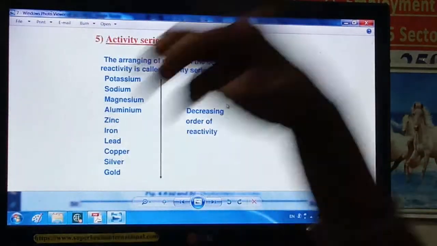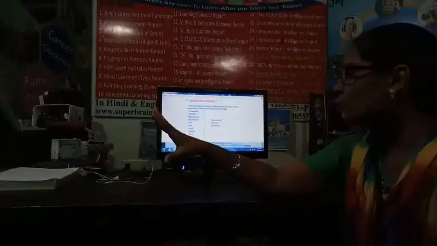Yesterday we saw that if we add sodium to water, it will just blast. Sodium reacts very fast and vigorously with water, so it is highly reactive. Then below that are magnesium, aluminium, zinc, and iron. If you keep iron outside, within a few days it will get rusted when it reacts with air or moisture and oxygen.